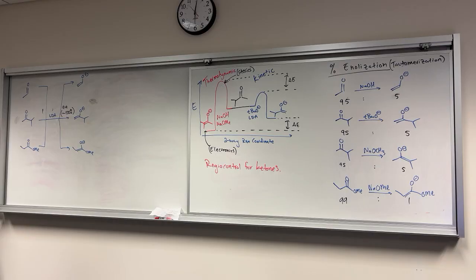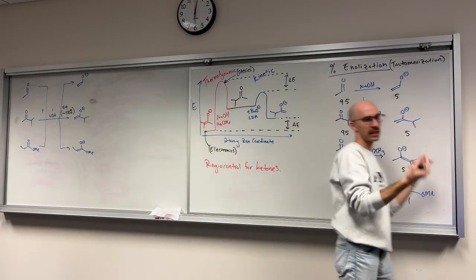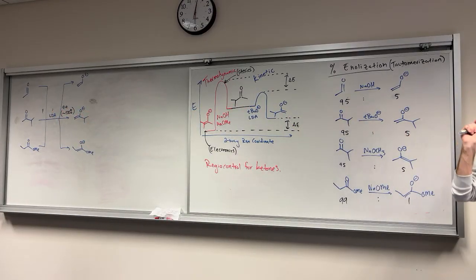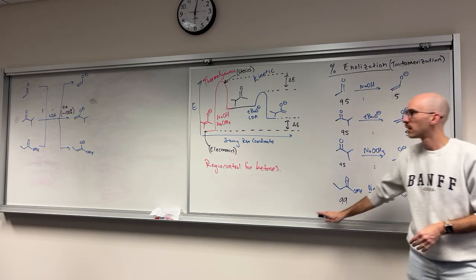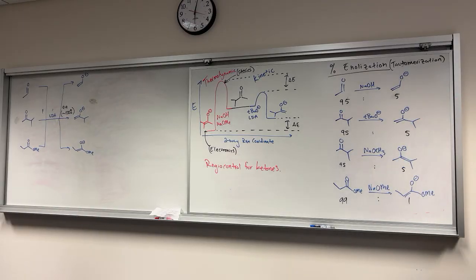You don't have any control over that. But that means that you don't have a mixture of both your starting ketone and your enolate. You've got just this structure. So we're going to use that to our advantage in some of our reactions. But this is a good time for us to take a break. Get up, stretch, move your legs, and then we'll come back in to look at our reactions.